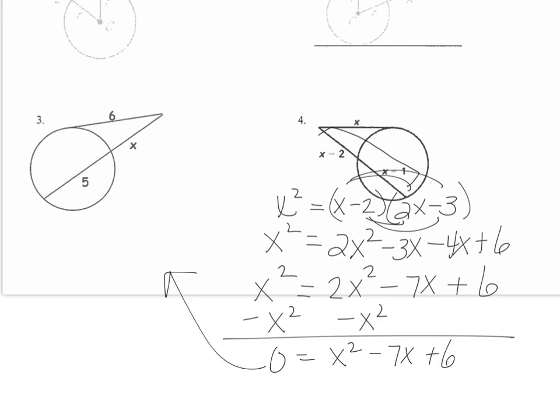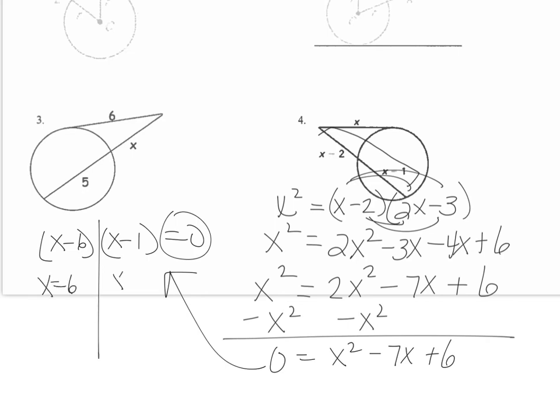So I'm going to come up over here. So, first question, is there a GCF? Nope. So, factor quickly. Factors of 6 that make negative 7. Negative 6 and negative 1. Because I have this equal sign, split up my two answers. x equals 6 and x equals 1.